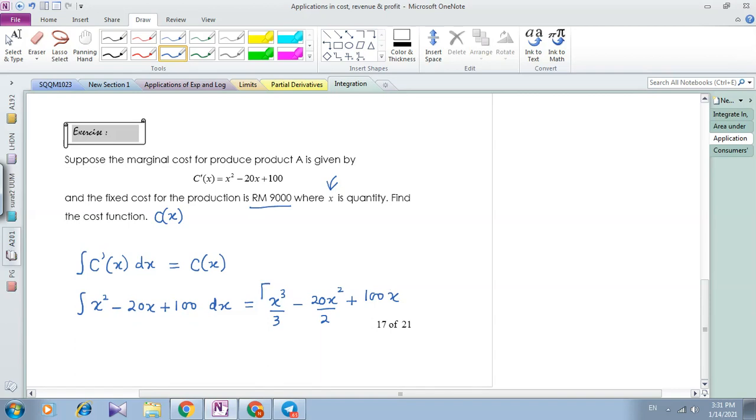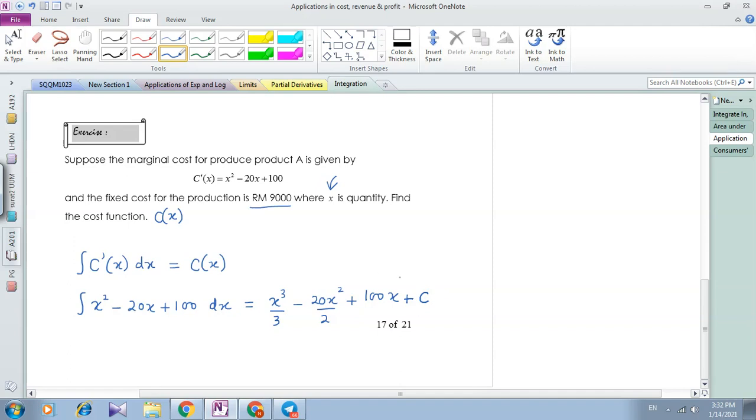This time we do not have the upper and lower limit, so this is an indefinite integral, and it should have plus C. This C denotes the constant for any indefinite integral.